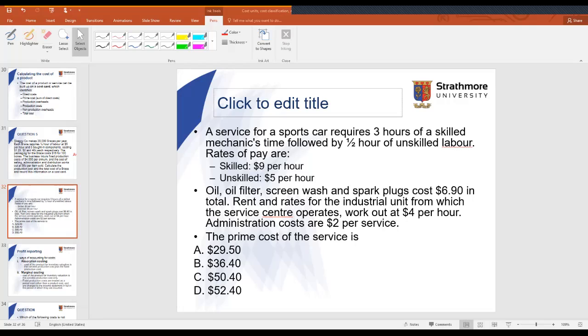Now the service here we have is a garage sort of service that requires half an hour of unskilled labor and 3 hours of skilled labor. Let's do this one with a cost card.